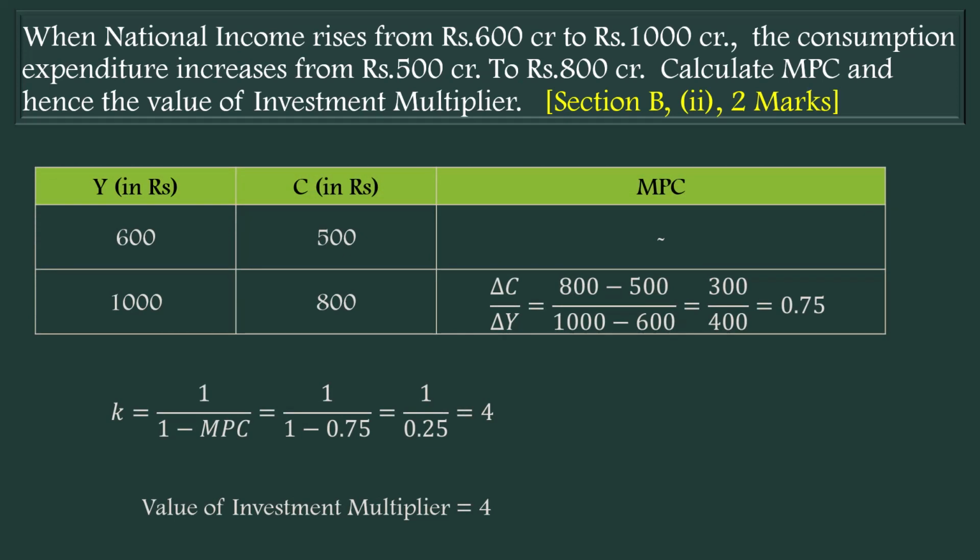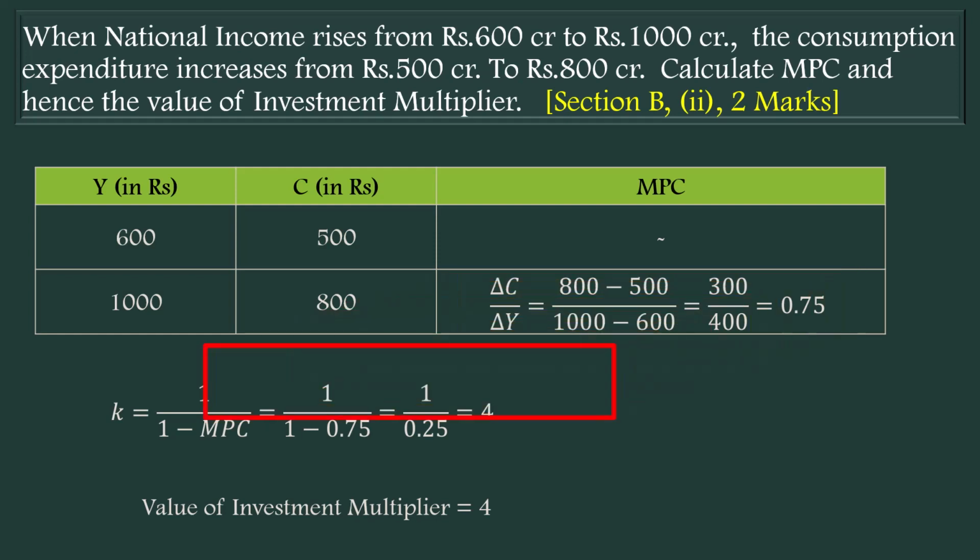Marginal propensity to consume equals delta C by delta Y. Delta C is 800 minus 500 and delta Y is 1000 minus 600. 300 by 400, 0.75. Marginal propensity to consume is 0.75.